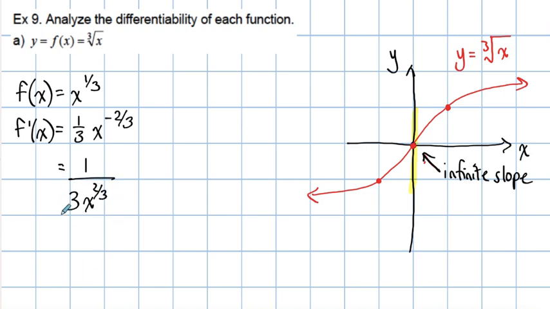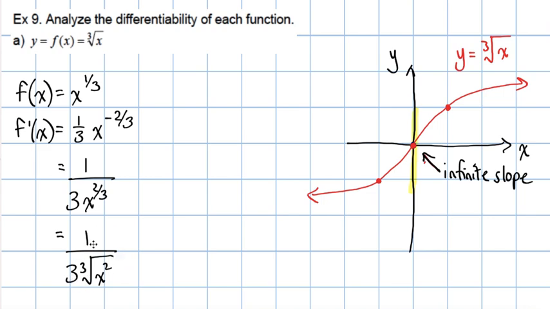I can also write this as a radical, which is 1 over 3 times the cube root of x squared. It's easy to see from this rational expression that we're going to have some restrictions. We can't have x be 0, because the cube root of 0 is 0, and if we multiply that by 3, it's also 0.